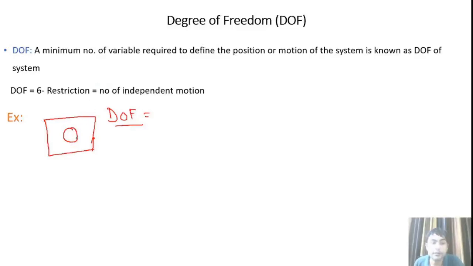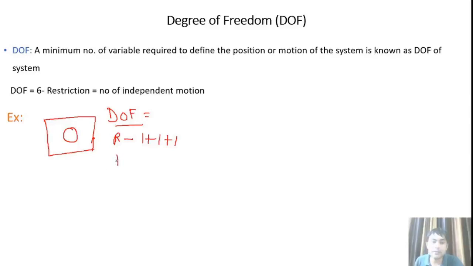It can rotate about x-axis, it can rotate about y-axis, no problem. It can rotate about z-axis, no problem. Means there is a rotary motion about x-axis 1 plus y-axis 1 plus z-axis 1.